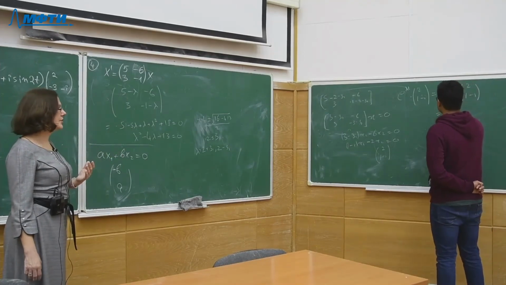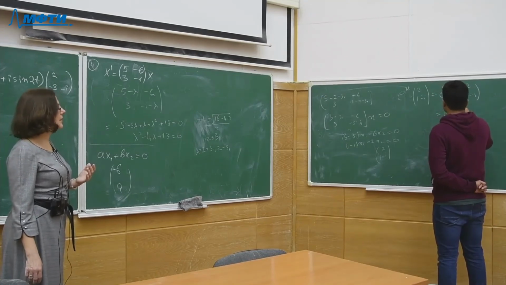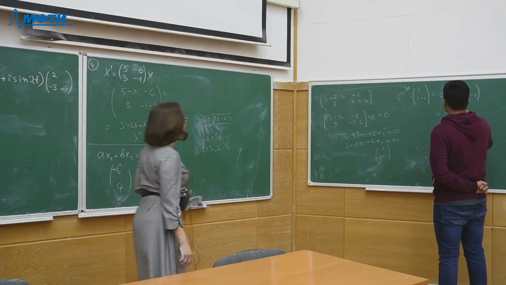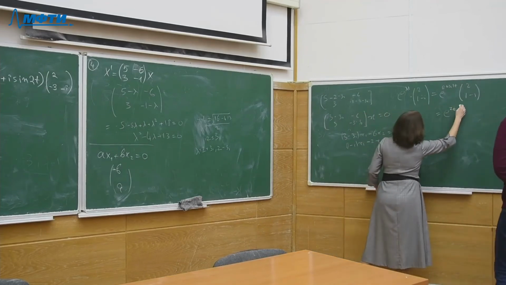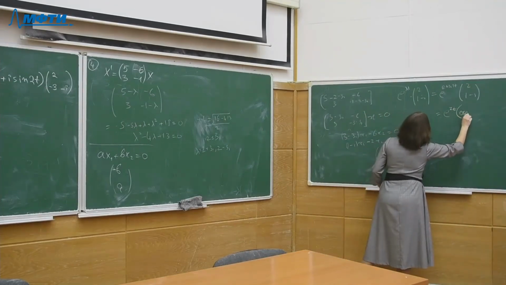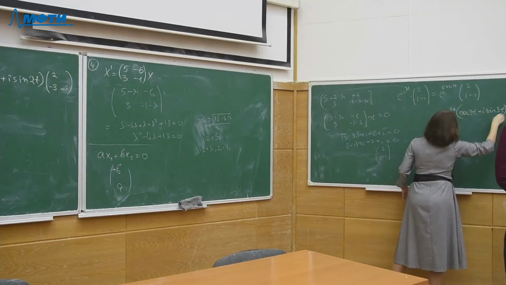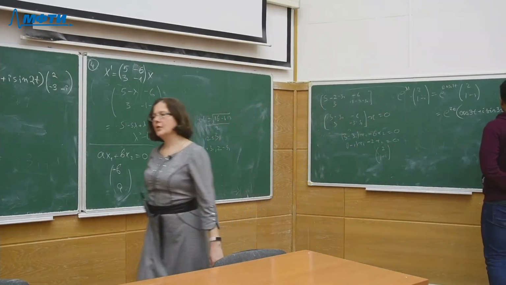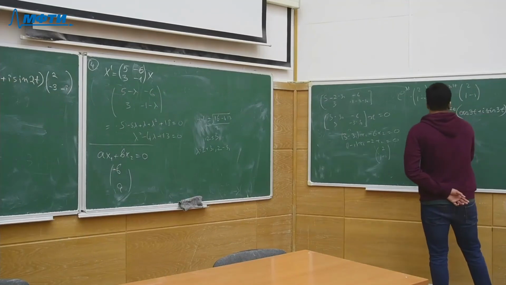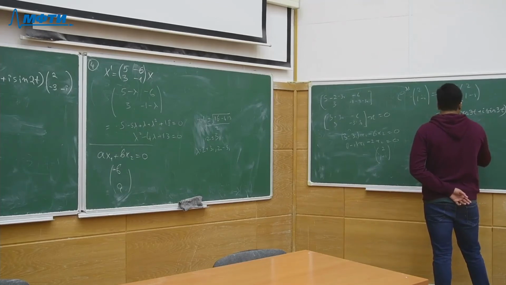It is e to the power 2t times, so not in the power but multiplied, cos 3t plus i sine 3t. And multiplied by your vector. You should fulfill the multiplication, and after this take the real and the imaginary part of the resulting vector.